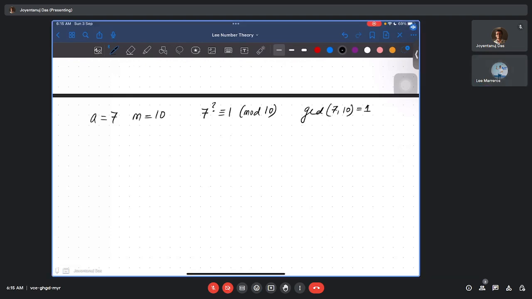Now we take all the numbers that are relatively prime to 10 first.